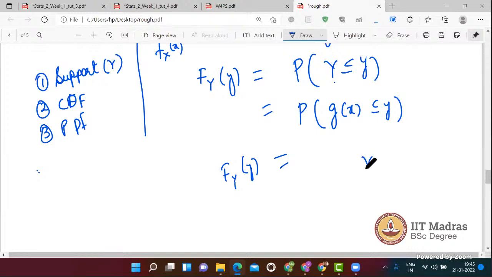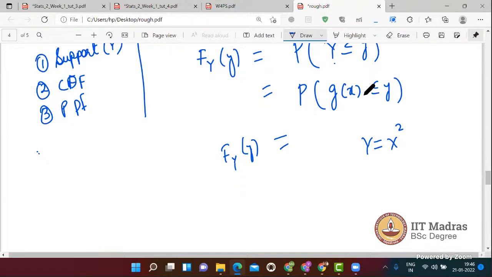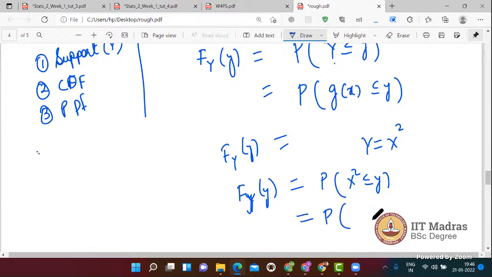But when you are given y is equal to x square, you won't be able to solve it that way, because for those cases you have to write in the form of probability of x square less than or equal to y, right? So now you can write probability of x is less than or equal to root of y and greater than or equal to minus root of y.